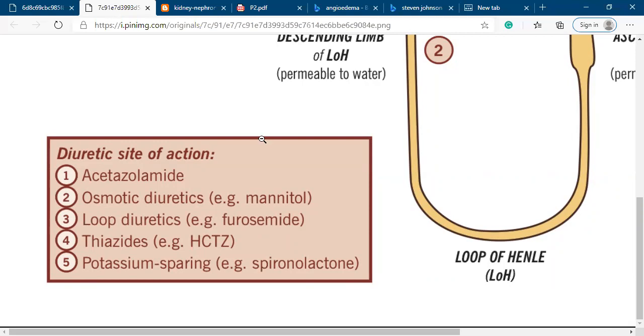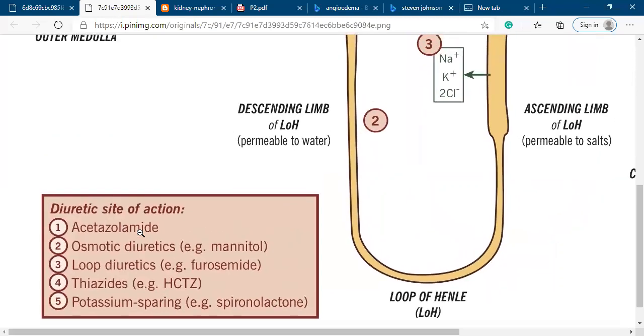Another one is called loop diuretics, such as furosemide or bumetanide. Basically, the work is here.